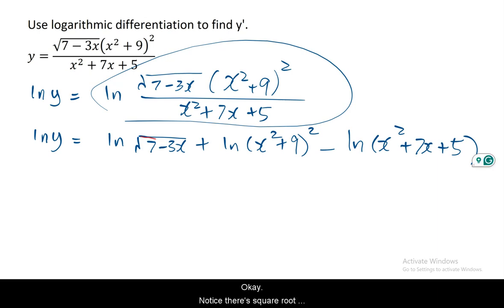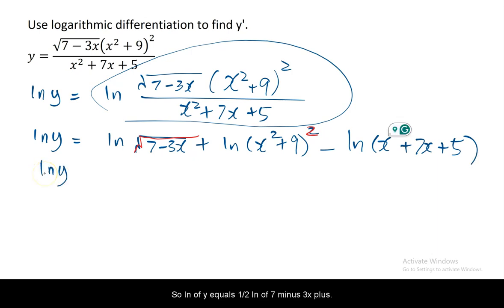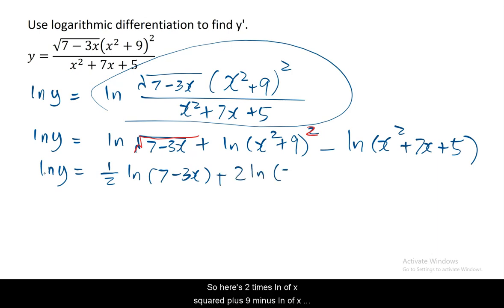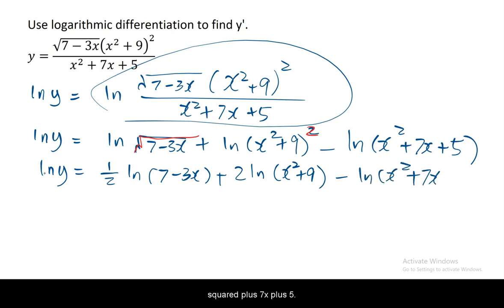Notice there's a square root over here and squared over here. According to the power rule of logarithms, you can move the square root to the front and make it 1/2 here. So you have ln of y equals 1/2 ln of 7 minus 3x plus 2 times ln of x squared plus 9 minus ln of x squared plus 7x plus 5.